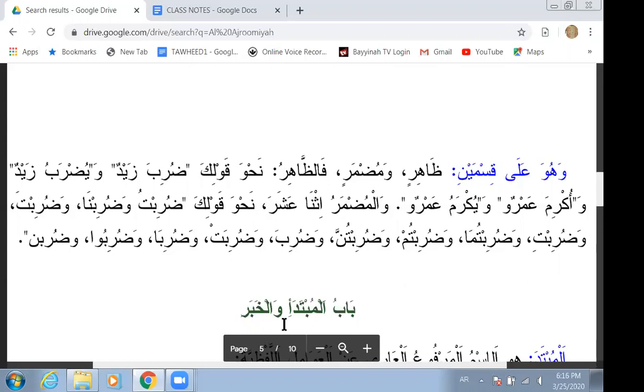Okay, so now they have given examples like they have given the examples for the fa'il. So these are the examples for the naibul fa'il. ضرب زيد ويضرب زيد وأكرم عمرو ويكرم عمرو.